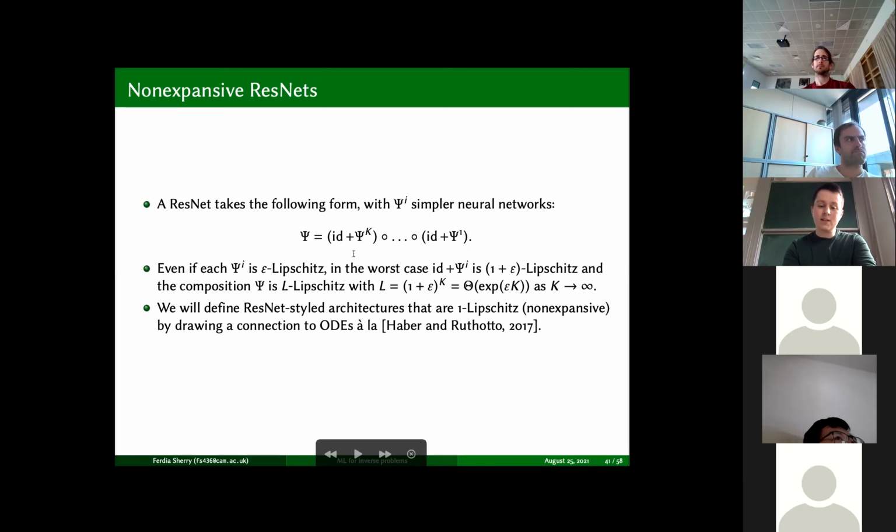So basically each layer of our neural network here, depending on how you want to call it, is going to be itself a small perturbation of the identity.